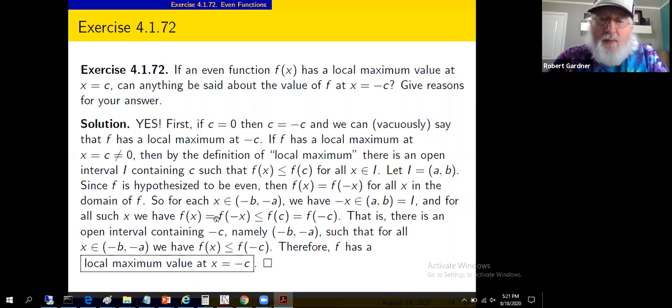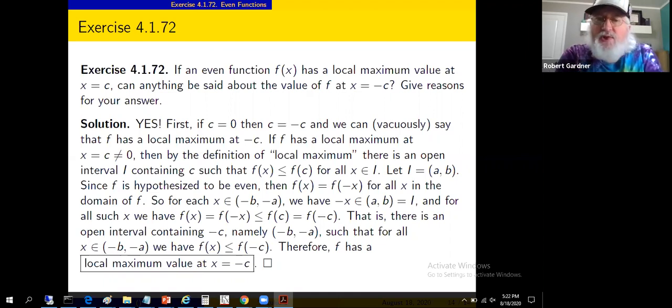And we went through some intermediate stuff to claim that. So we've shown for negative c, there's an open interval containing negative c, such that when I choose anything from that interval, we have f of that anything less than or equal to f of negative c. That's the very definition of local maximum value of this function f at x equals negative c.